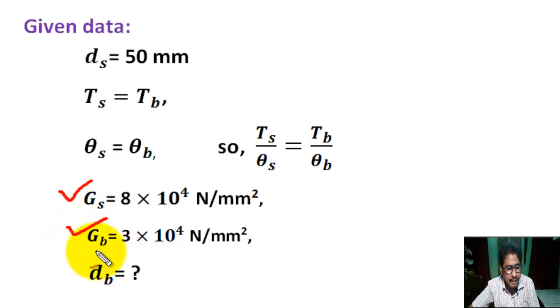Given GB, modulus of rigidity of brass shaft, equal to 3 into 10 to the power 4 Newton per millimeter square. DB equal to diameter of brass shaft; we find out the value of dB in this problem.